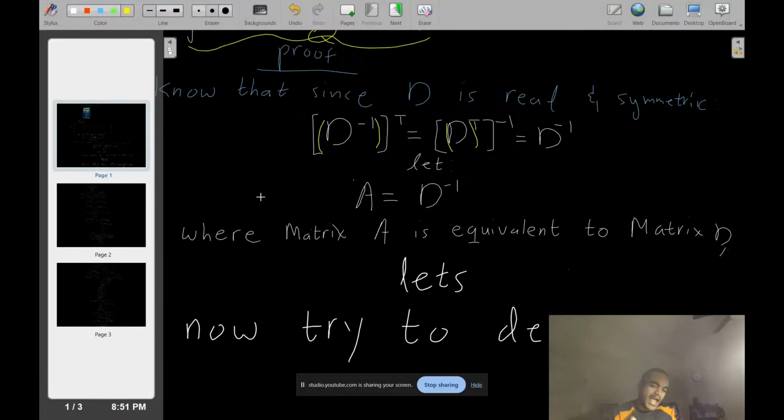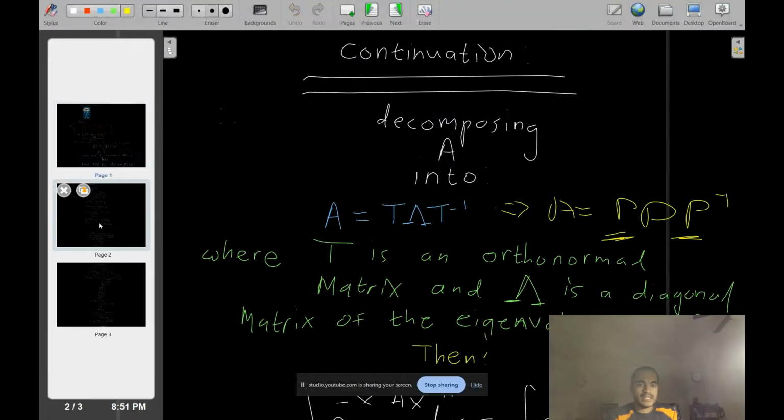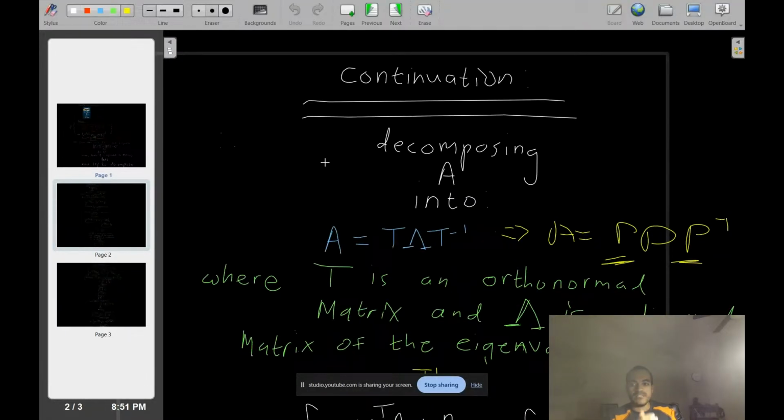So A equals D inverse. A is equivalent to matrix D. Let's now try to decompose it. What I mean by that is I want to decompose A into some sort of diagonalizable matrix.